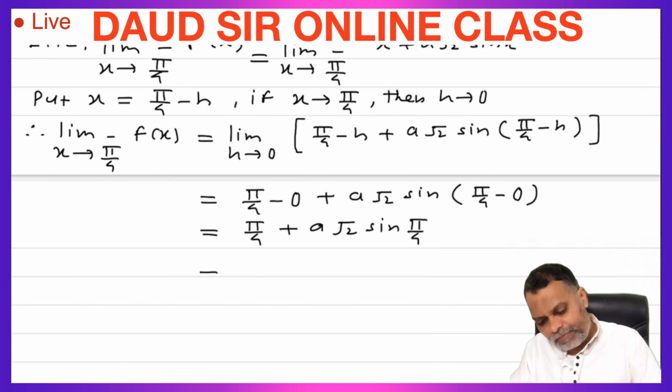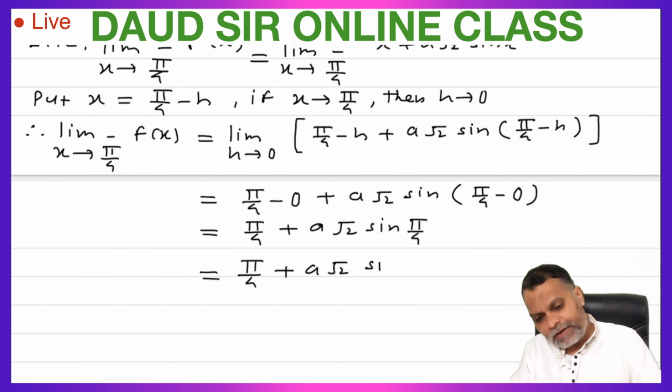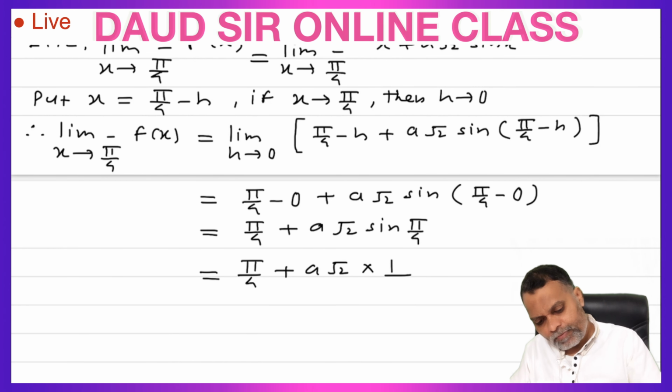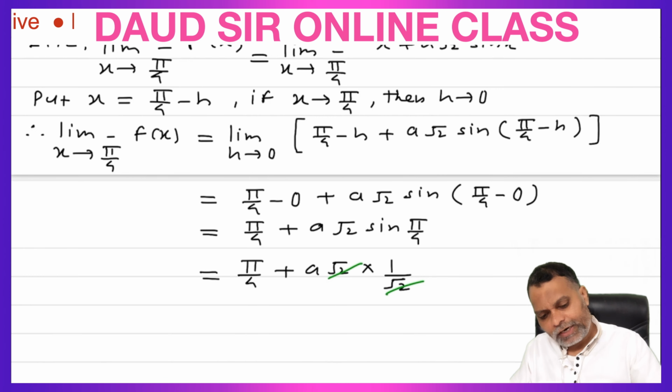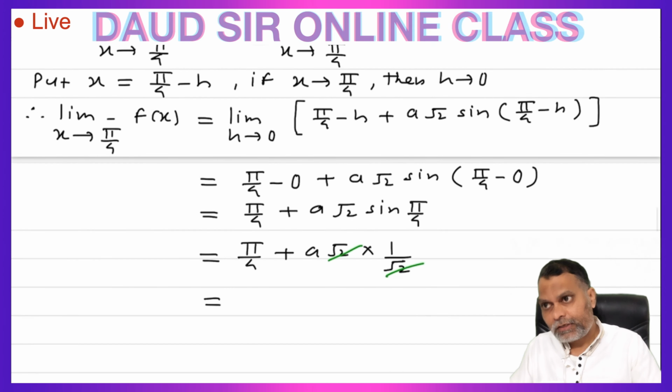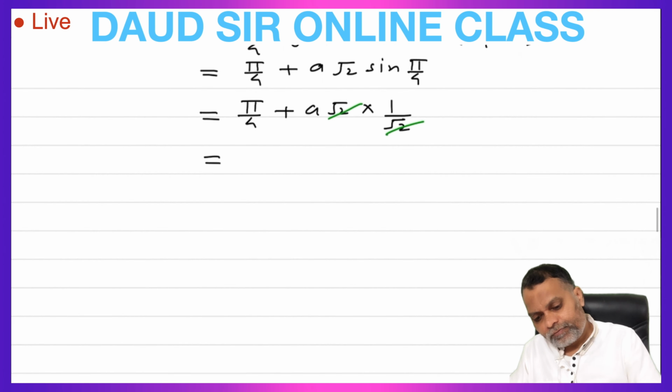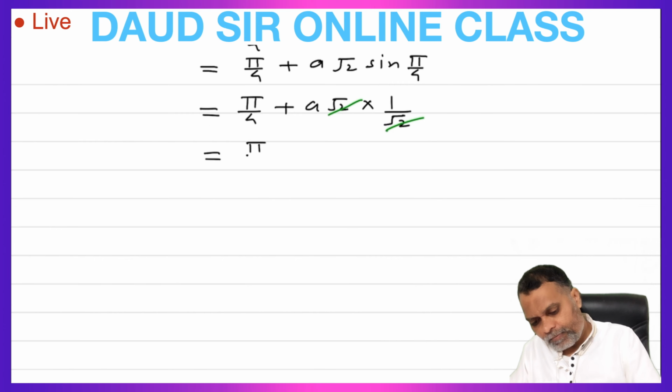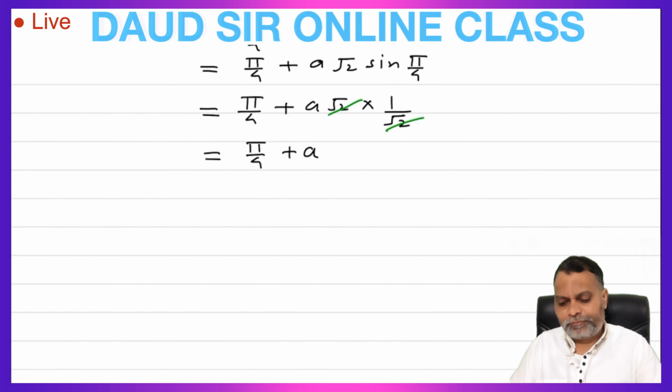Substitute the value of sin pi by 4, which is 1 upon root 2. This root 2 gets cancelled. So it is pi by 4 plus a.